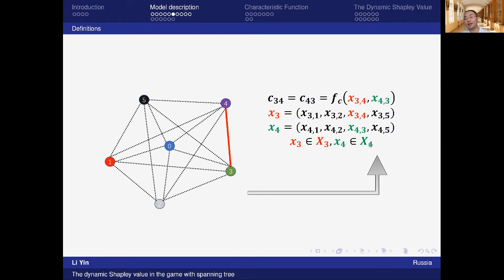Each strategy is from the set of strategies of players.